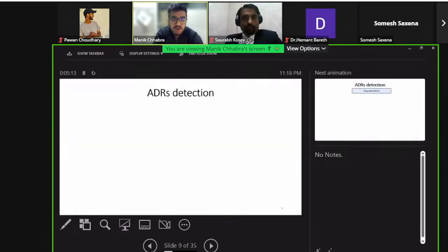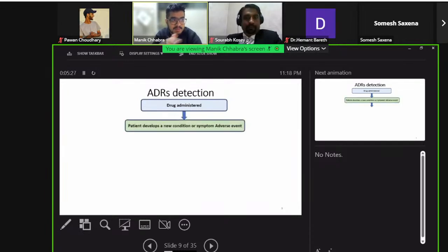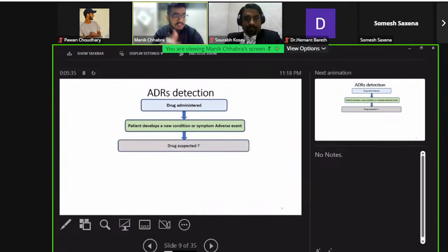And if we see how an adverse drug reaction is detected, and mostly if I can see the audience pool is clinical pharmacists, budding clinical pharmacists. So if a patient is administered any drug, and then further you see the patient develop a new condition or symptom, which is an adverse event, as explained in my glossary terms. Further, is there any suspected drug for that particular adverse event?